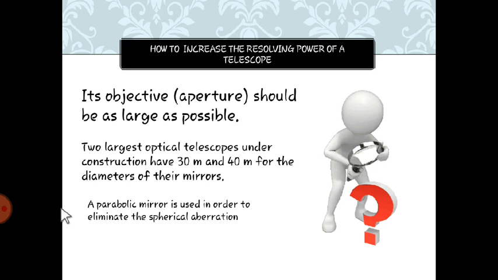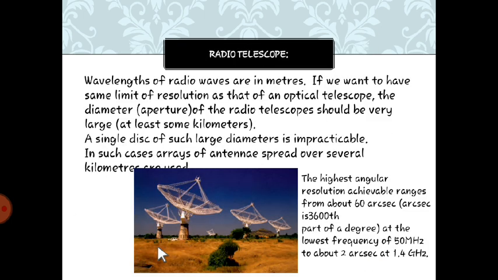Okay, so let's move to the next topic, which is the radio telescope. What exactly is a radio telescope? As we listen to radio, we listen to many radio stations.